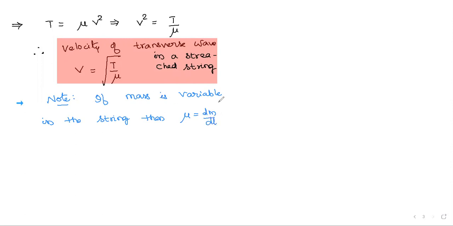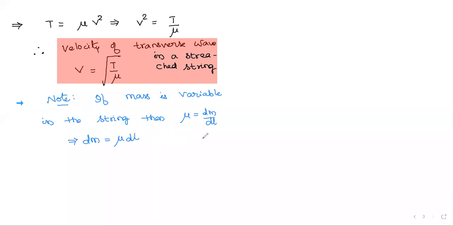If mass is variable, we have to go to integration. For variables, we go to integration, right from the first year we did the same. There, to substitute in place of dm, I write mu into dl.